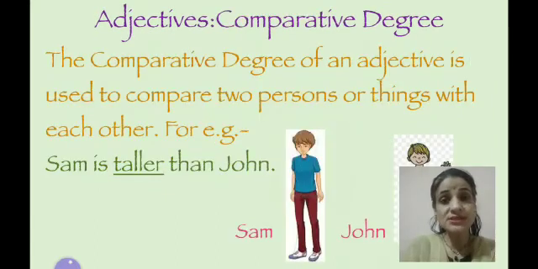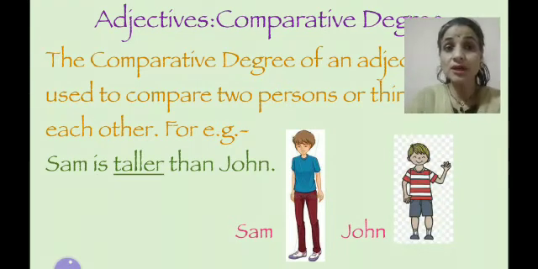Now what is comparative degree? The comparative degree of an adjective is used to compare two persons or two things with each other for the same quality, for the same category. For example, Sam is taller than John. Here we are describing two boys in the same category, height.